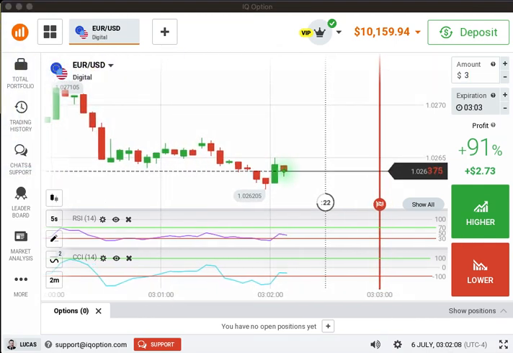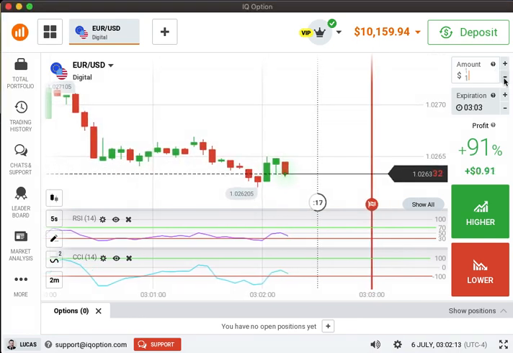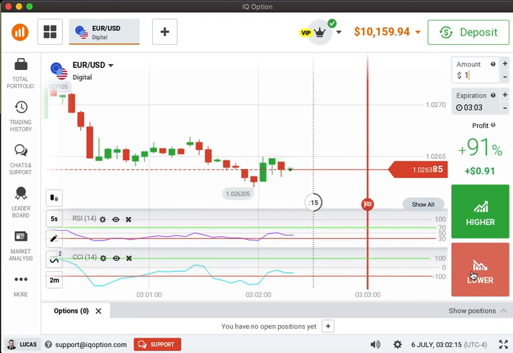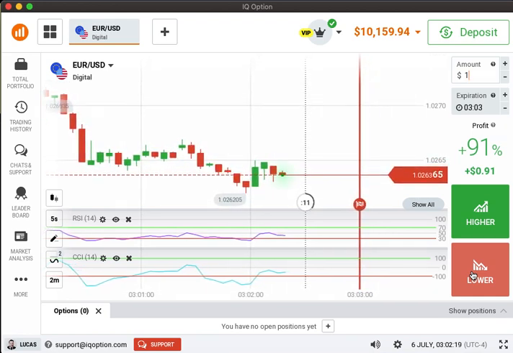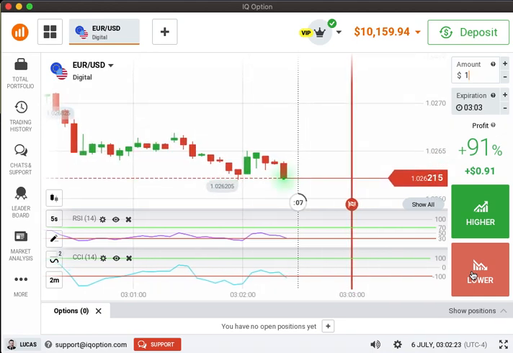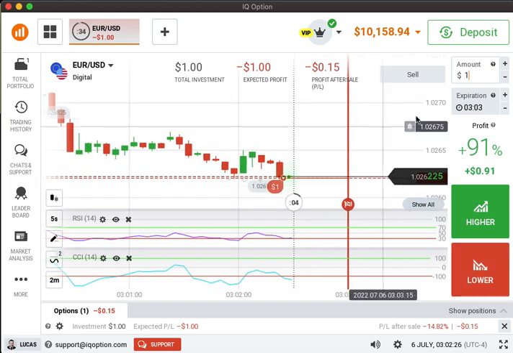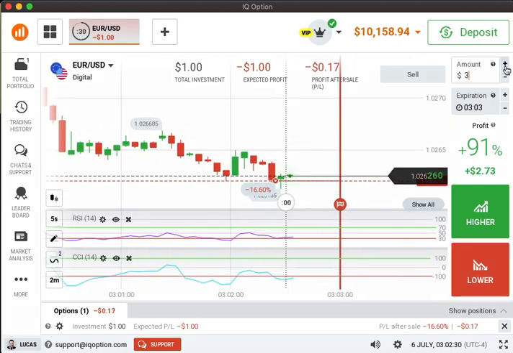But don't think that trading is as easy as putting $100 on an account and then getting wealthy off of that. No, that's not what it is. You need to actually have some sort of money, some sort of wealth in order to trade. You can't just decide to trade.